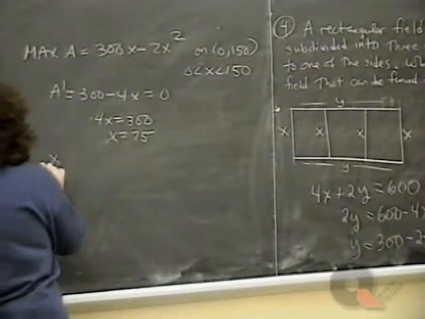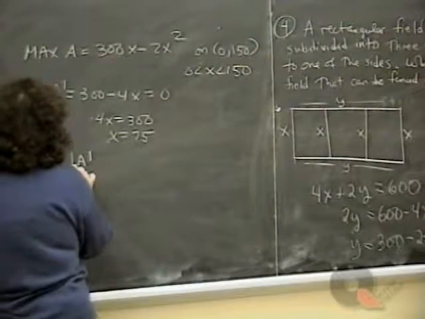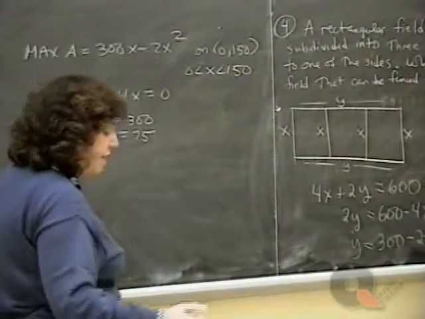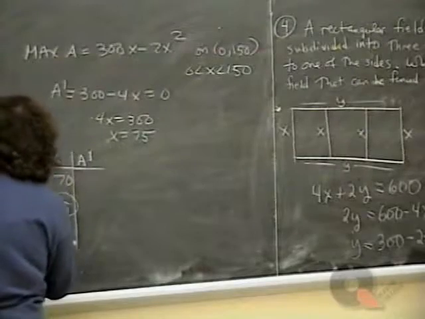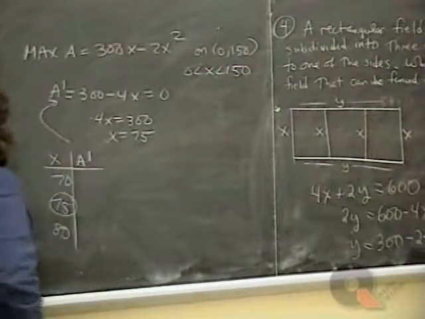And you try to determine if this is a local max or a local min. You take a testing value less than 75, let's say 70, more than 75, let's say 80. You substitute into A prime.